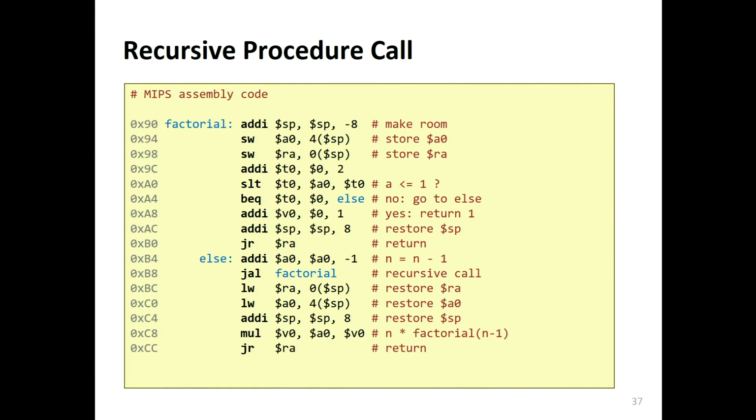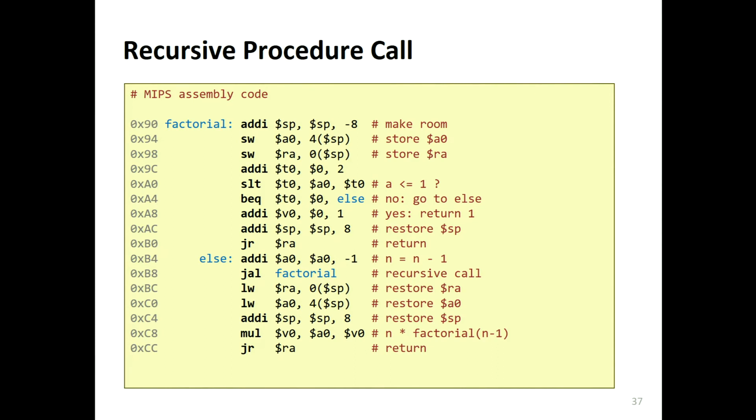If this set less than is true, then this branch would not be satisfied and you can do what is between here. Otherwise, you would go to else and make the procedure calls. Let's skip this part for now and just focus on the jumping.